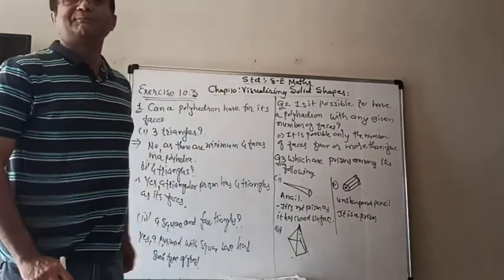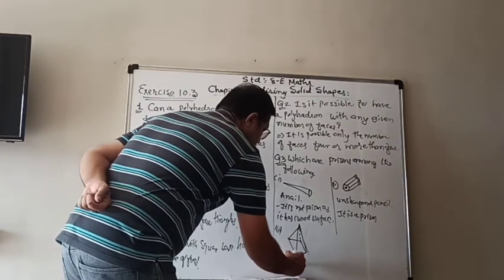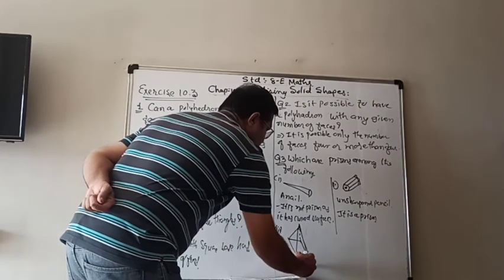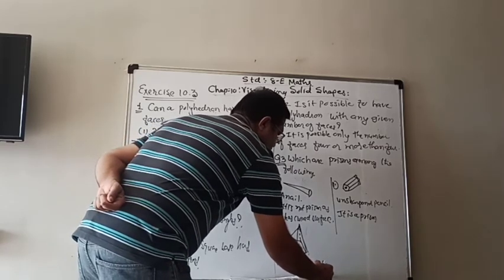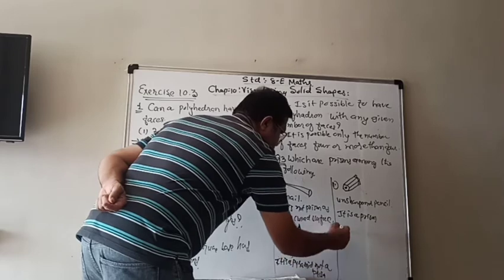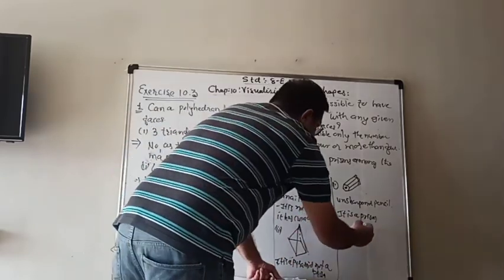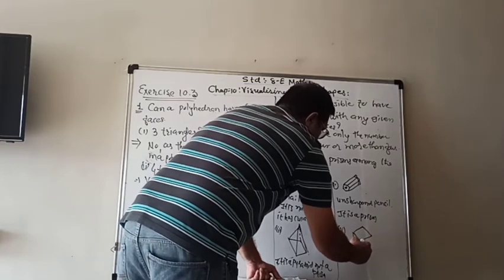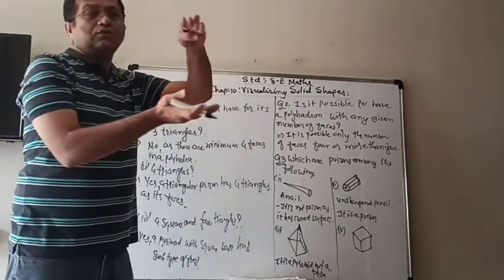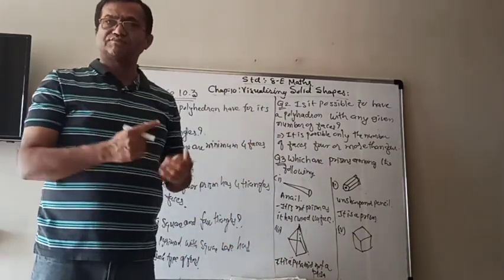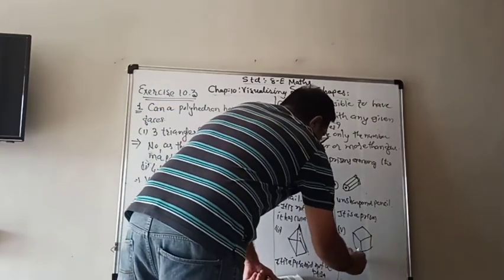It is a pyramid, not a prism. And the last one, a box. You can see that a box will have the same top and base. So it is a prism.